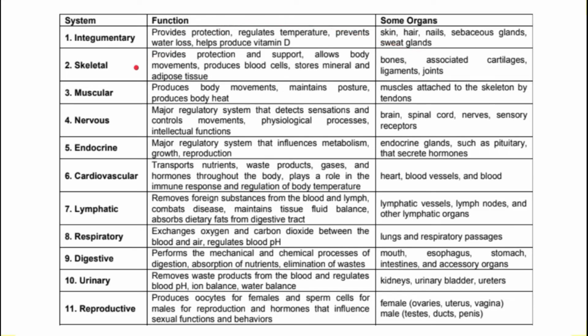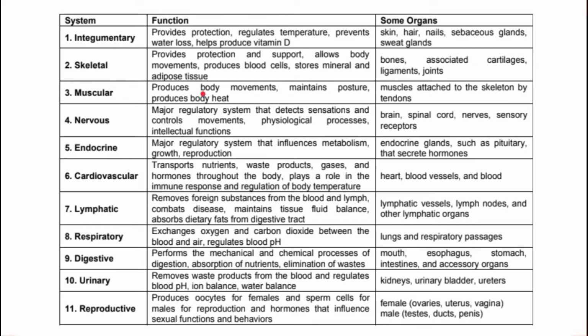So second naman, here we have your skeletal system provides protection and support, which also allows the body movements, produces the blood cells through the bone marrow, stores minerals, and even the adipose tissue. So some organs under the skeletal system, of course, yung bone, associated cartilages, the ligaments, and then even your joints. Third body system natin, we have your muscular system.